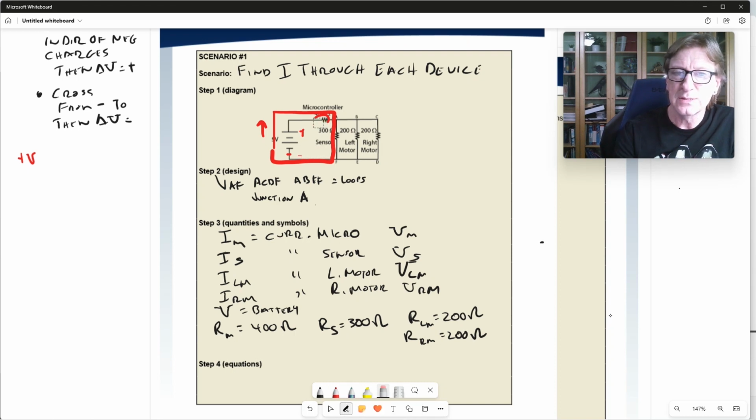We're going to do it both ways. So I'm moving in a positive direction. So I know then that my voltage change, let's do that in red, I know that my voltage change is going to be negative the current through the microcontroller times the resistance of the microcontroller. Let's get that symbol correct.